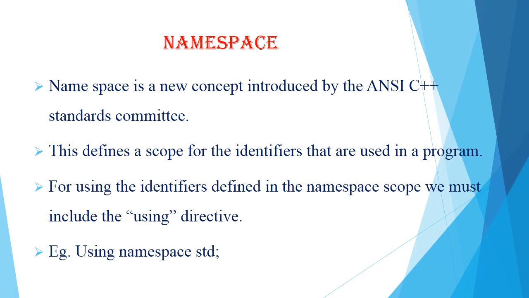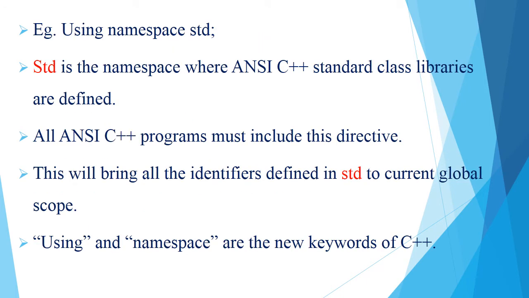Here std is a namespace. std is the namespace where ANSI C++ standard class libraries are defined. All the programs must include this directive. This will bring all the identifiers defined in std to the current global scope. And using and namespace are keywords of C++.